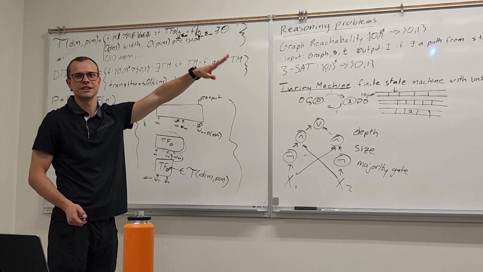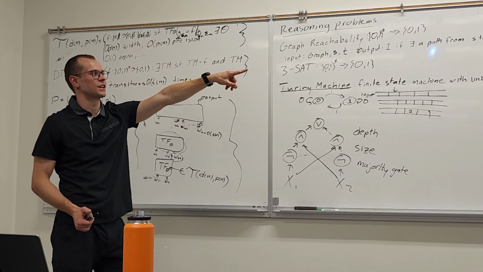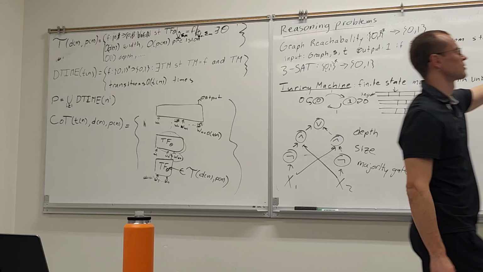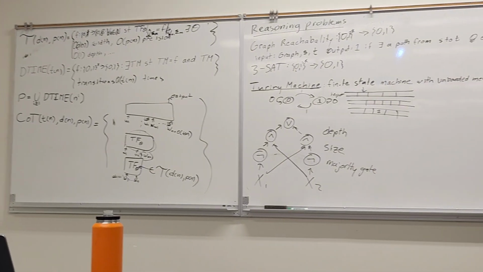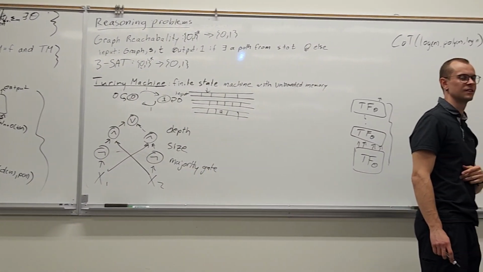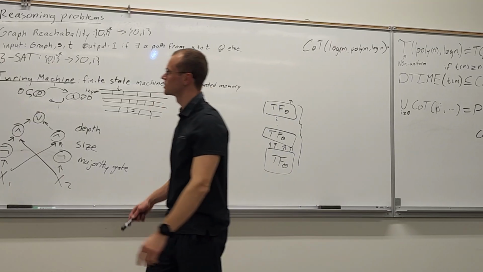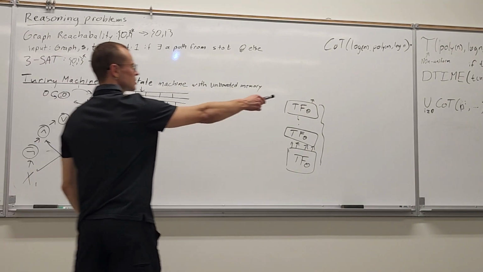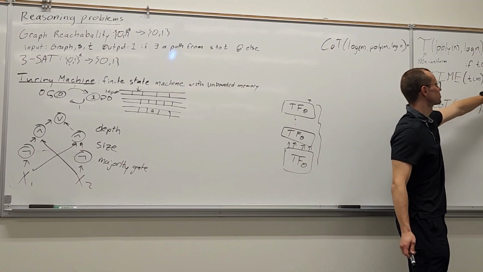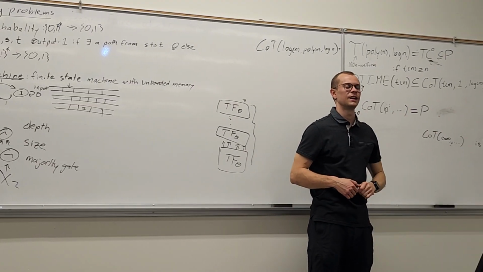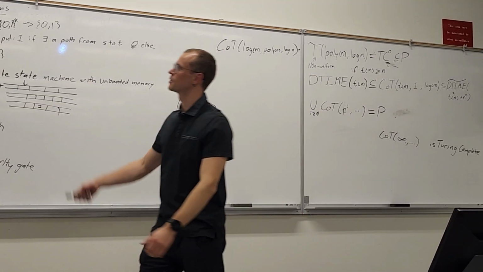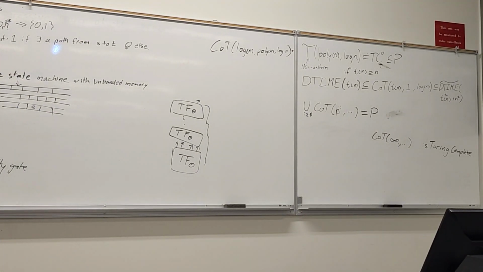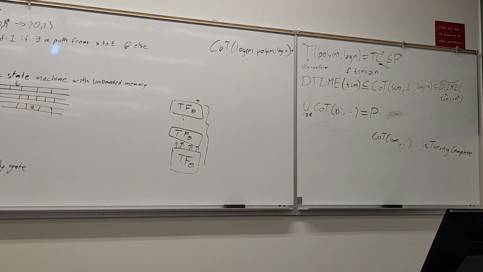The non-uniform equivalence is quite literally allowing the transformers to have totally different parameters for every single input size. But the chain of thought results actually don't require this uniformity at all. It's something of the type that for any input size, there's going to exist some set of parameters. It's because the number of bits doesn't change, only the precision changes, and so you can have real numbers there.